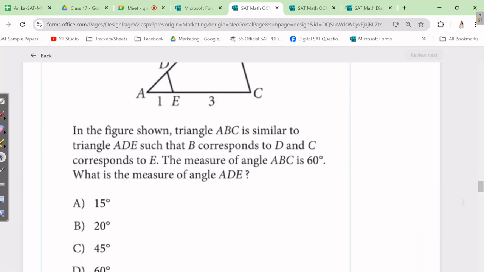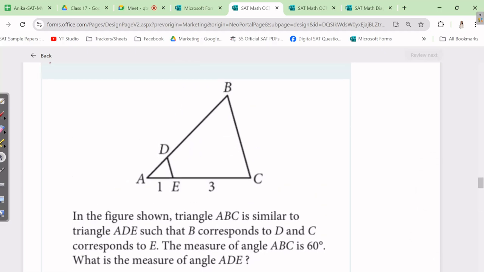This is a very easy question. In this one, they have given angle ABC is 60 and we want to find out the measure of angle ADE, and they've also given that triangle ABC is similar to triangle ADE. Okay, so this one is very easy.